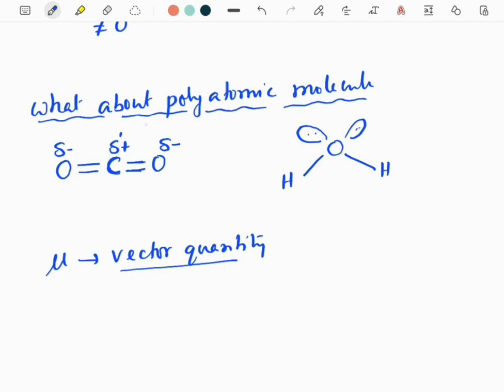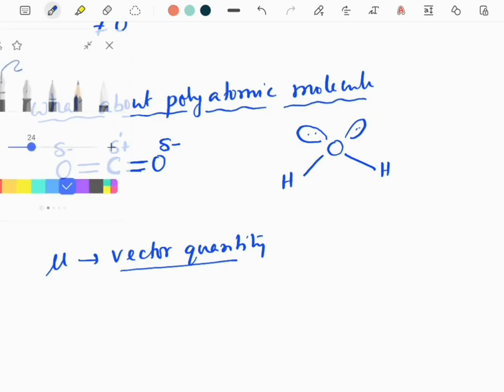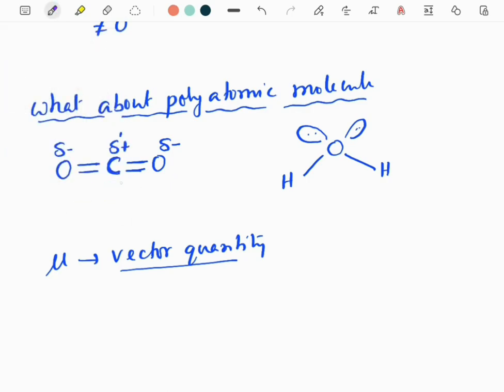Now see that in case of a polyatomic molecule, say for example carbon dioxide, you have two carbon oxygen bonds. The bond moment of this carbon oxygen bond is acting along this direction, and the bond moment of the other carbon oxygen bond is acting along this direction.